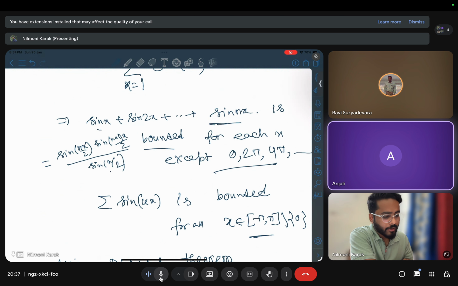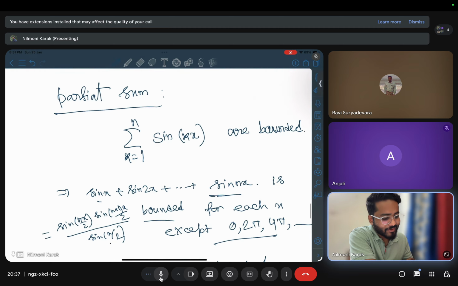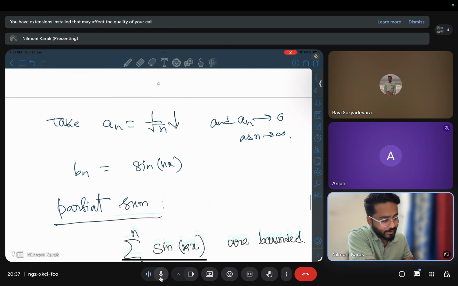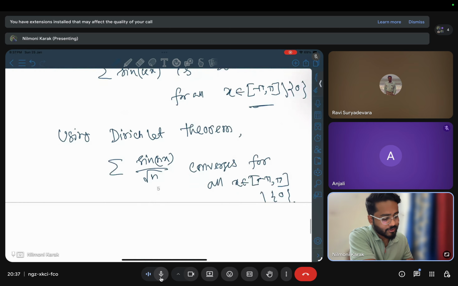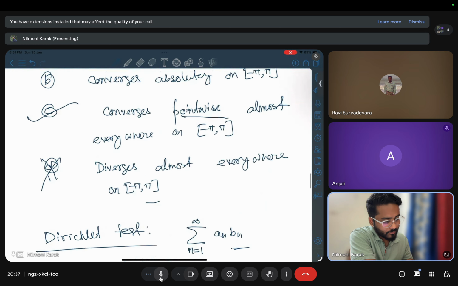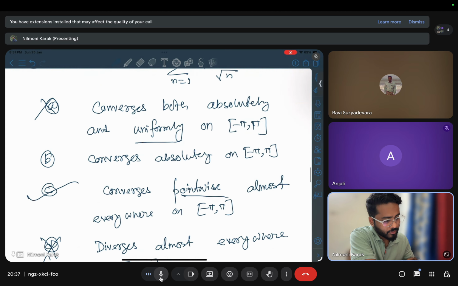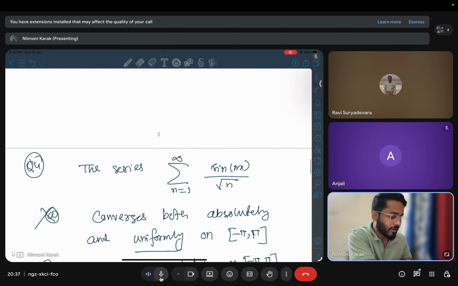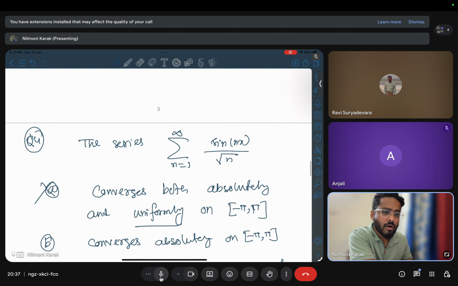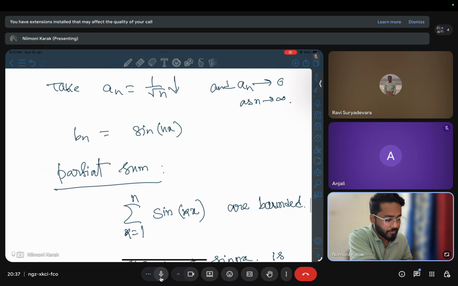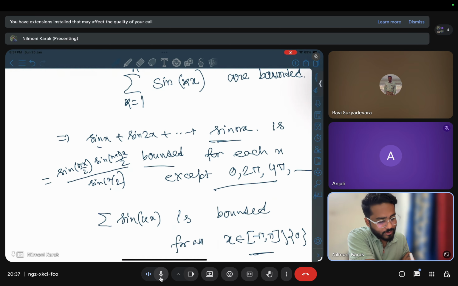Yes, sir. But from here I cannot find anything wrong, using Dirichlet's theorem. But just what Ravi pointed out, this series at x equals 0 should converge. So this is the problem. Whenever x equals 2 pi, sine of pi is 0, for 4 pi sine of 2 pi is 0, and so on.